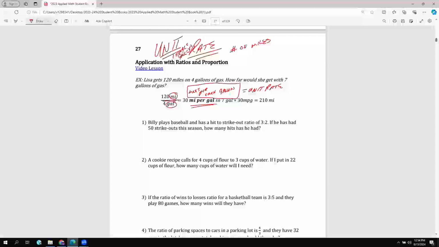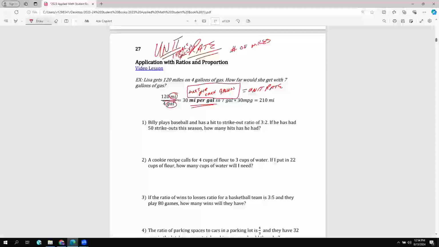So when you start doing your math, I try to tell my students, look, don't just say 120 divided by 4 is 30, because that means nothing. Say it differently. This is 120 miles divided by 4 gallons gives me 30 miles per each gallon.